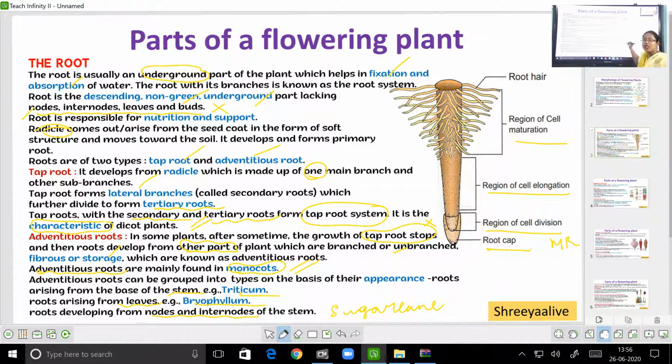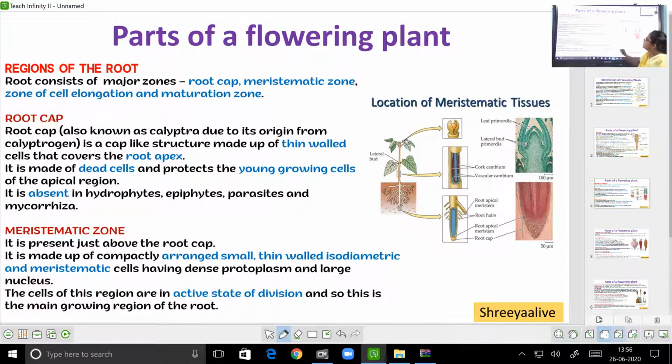These are all the different regions of the root.